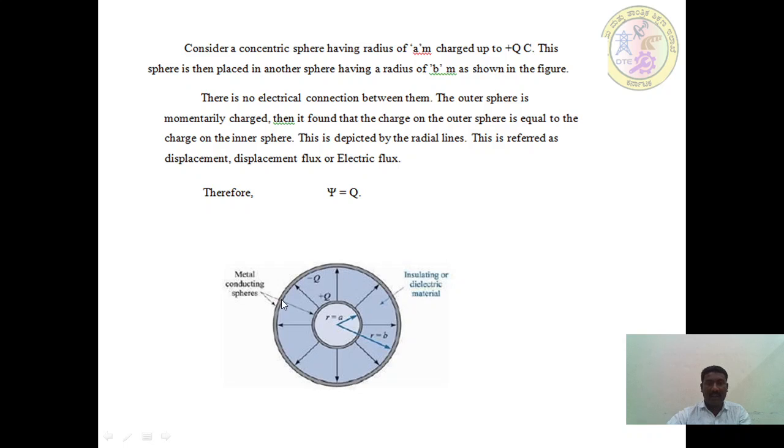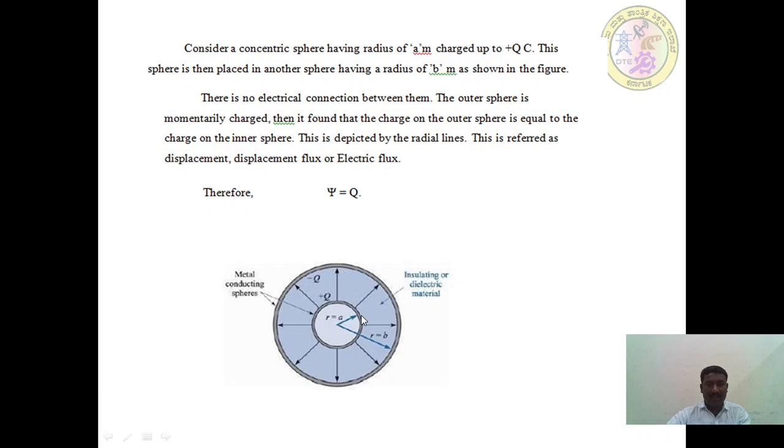First the outer sphere is momentarily grounded, making the charge available on the outer metallic conducting sphere zero. Then the small inner sphere is placed inside without any electrical connection between these two spheres. There exists an insulating or dielectric material here.